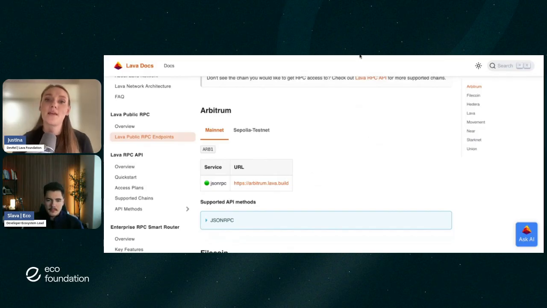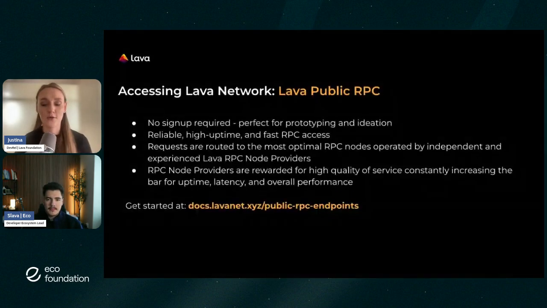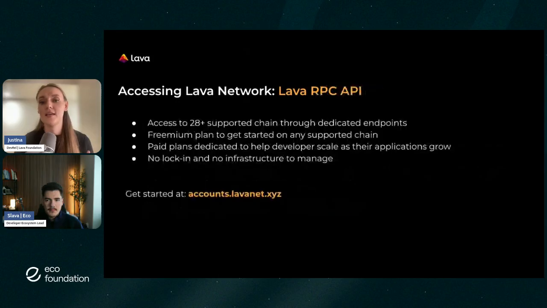Then there is another option for accessing Lava RPC: using the Lava RPC API UI, which gives access to all of the chains that are supported on Lava network. As I mentioned, there are 28 plus chains available. Through the platform, through the UI, you get dedicated endpoints.